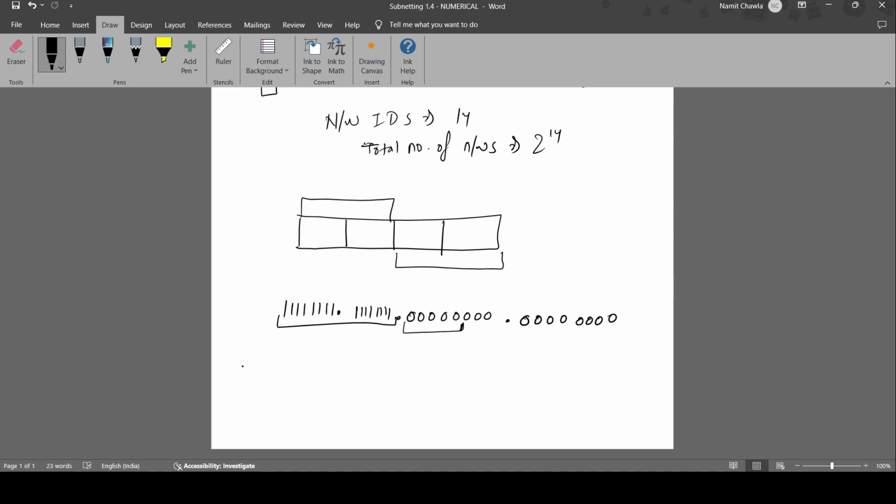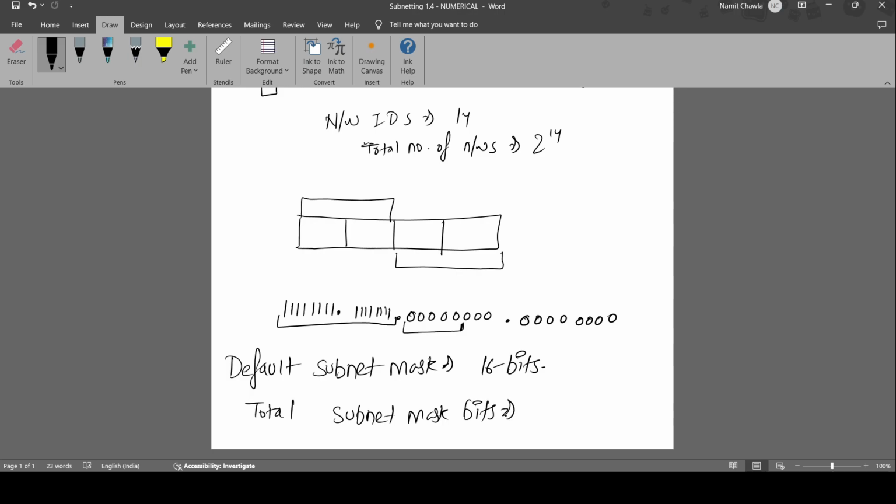So earlier, in our default subnet mask, we had how many bits? 16 bits. Now they have told us to use 5 more bits for subnetting. So the total subnet mask bits is equal to 16 plus 5, so 21 bits, correct?